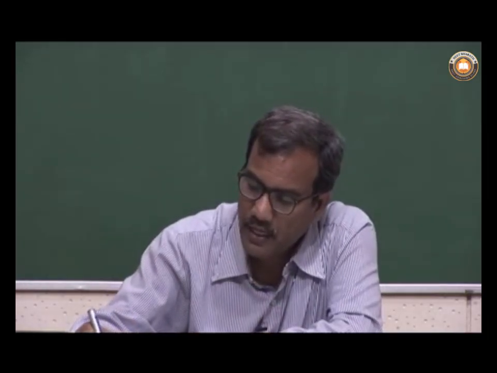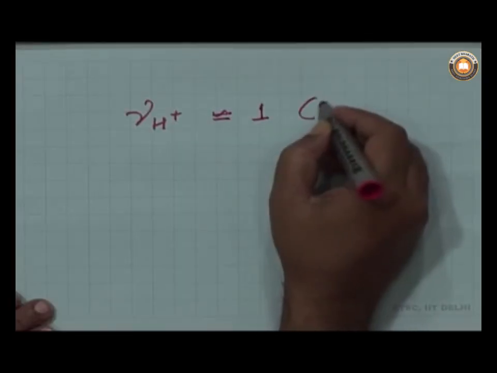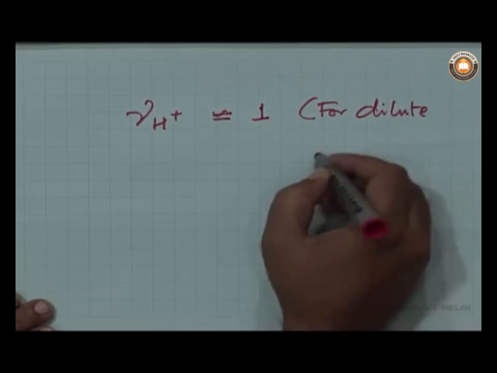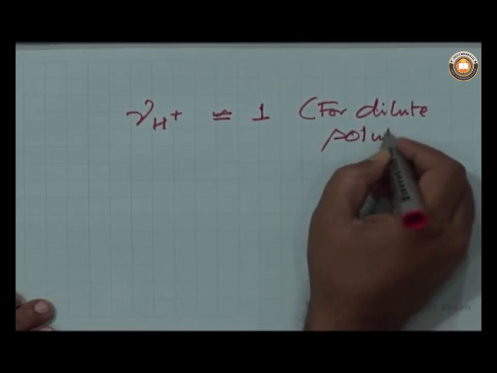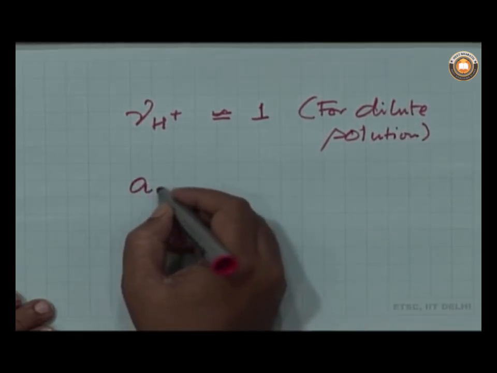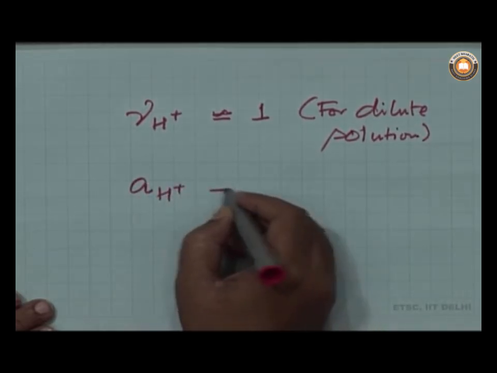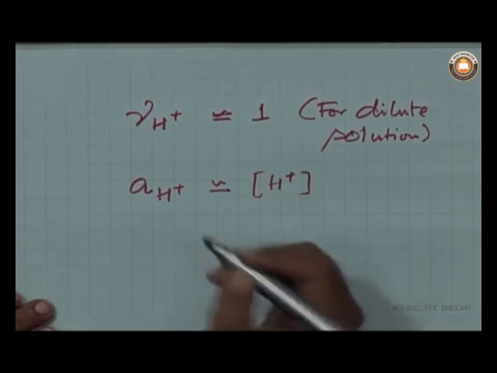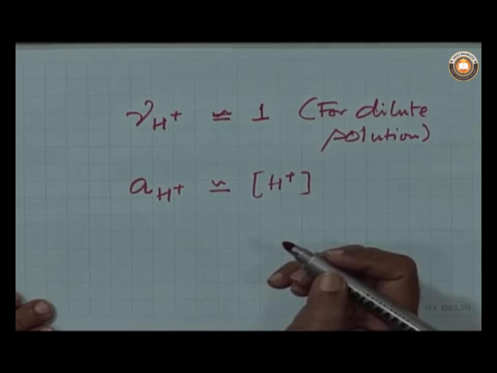The activity coefficient is almost 1 for dilute solution. And so, the activity of H plus ion in dilute solution is almost equal to the H plus ion concentration.